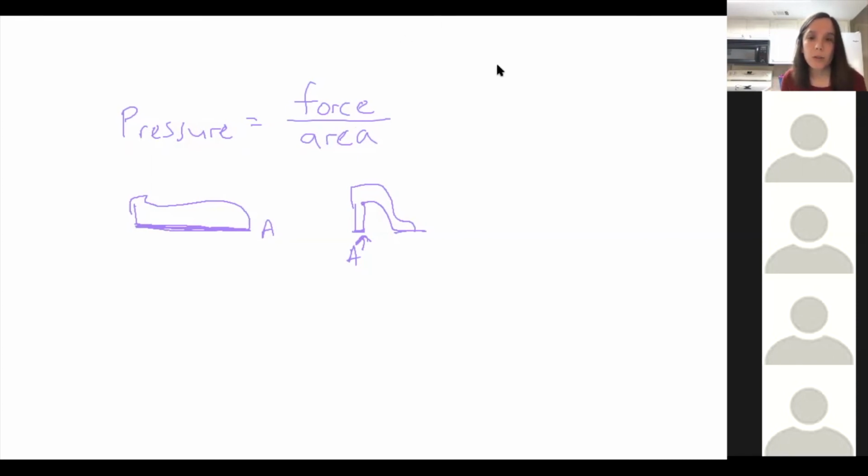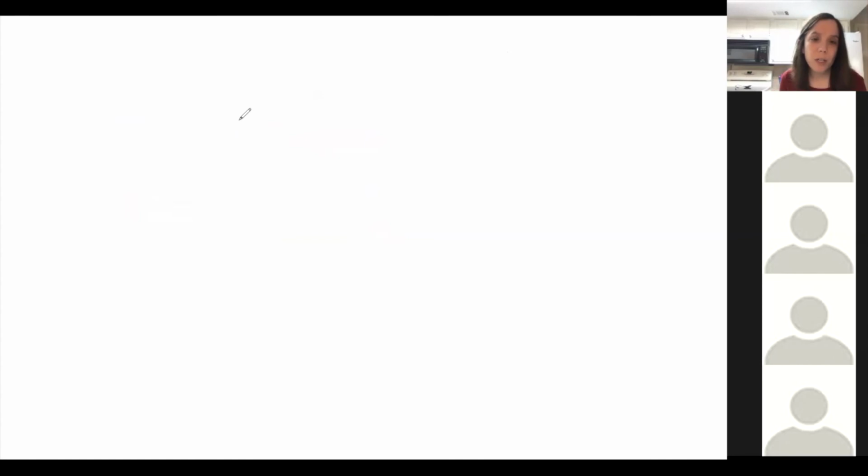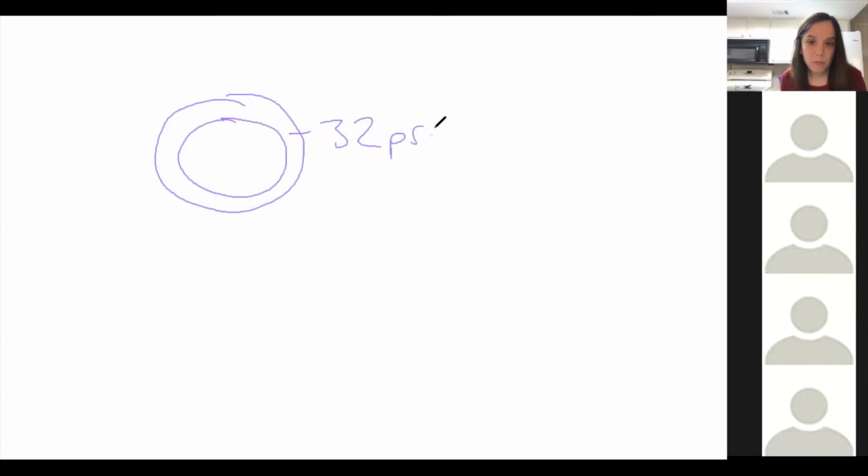Go ahead and clear this. I mentioned yesterday that your tire is measured in PSI for pressure. So a normal tire is about 32 to 35 PSI. And I said yesterday that PSI stands for pounds per square inch.